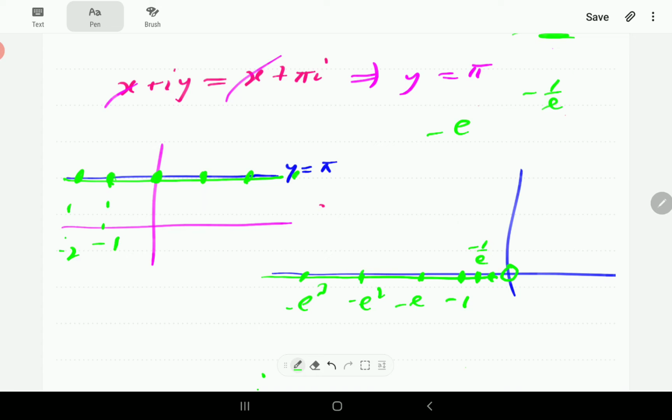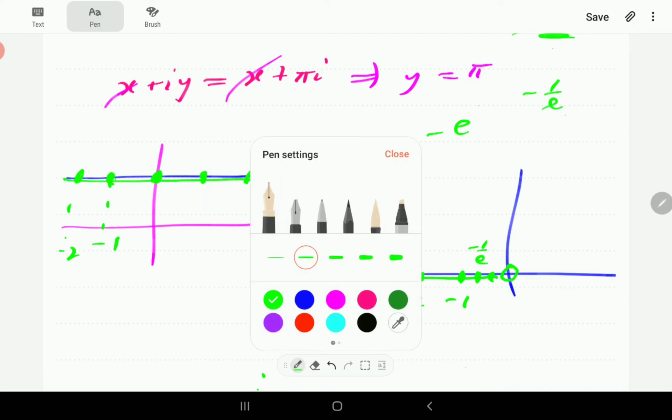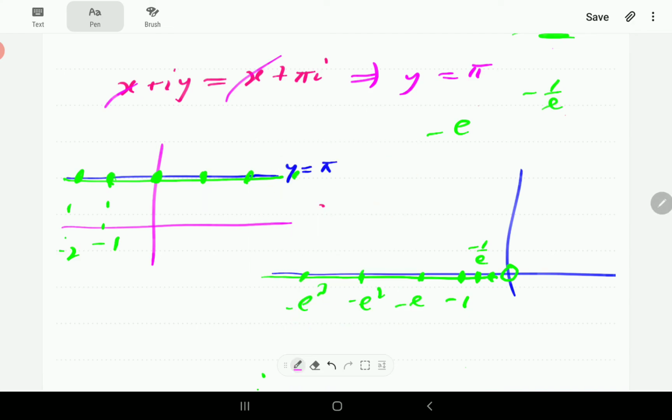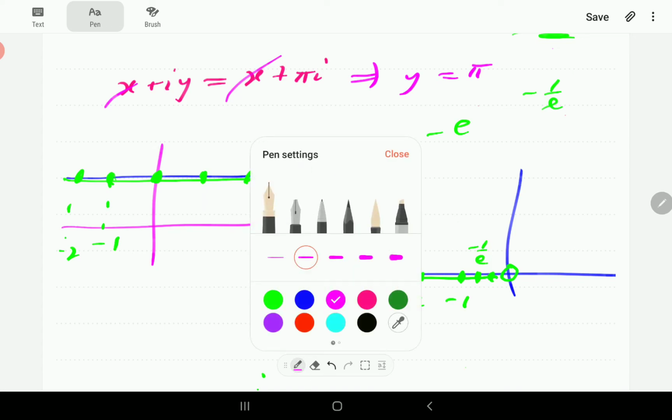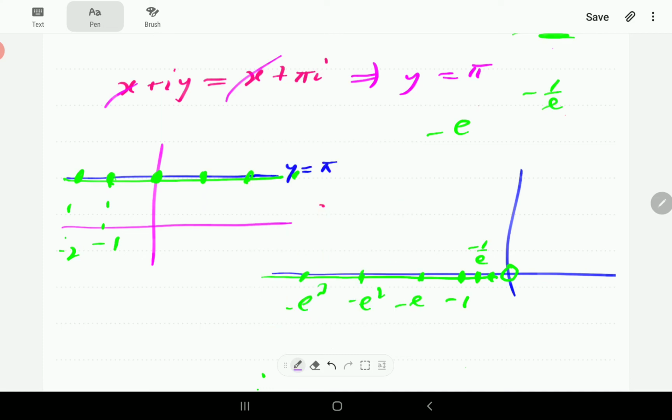So basically what this is saying is that the right hand side of this line, and this bit here is going to map onto this bit here all the way to infinity. And then this bit here is going to map, so that infinite length line is going to map onto this finite length line.